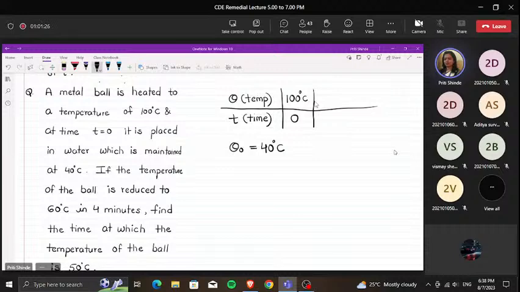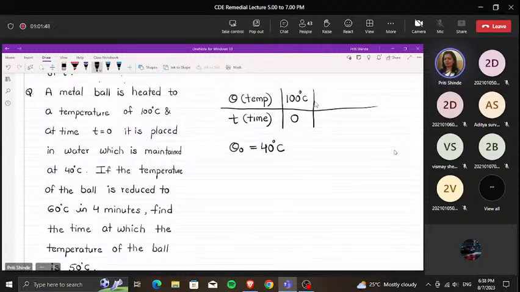Read your problem 2 to 3 times and prepare your table properly. My theta 0, the surrounding temperature, is 40 because the metal ball is heated and placed in water, whose temperature is 40. So according to our notation, theta 0 is 40 degrees Celsius.